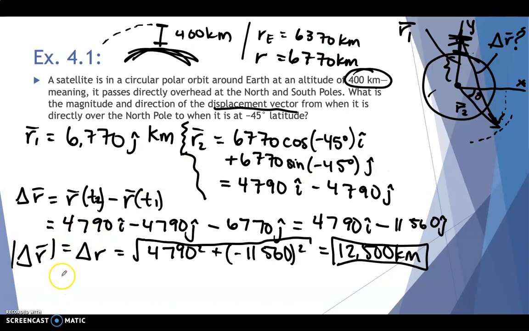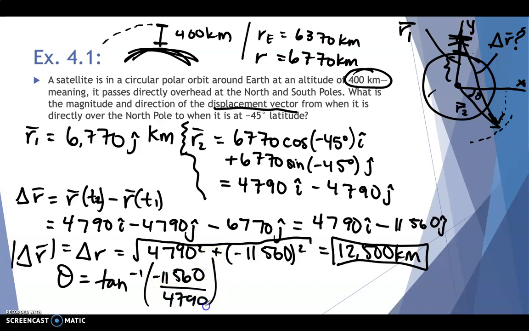And then we wanted our direction, so I'll call that theta. The direction at which this is pointing is going to be tangent inverse of negative 11,560 over 4,790, and we get negative 67.5 degrees.